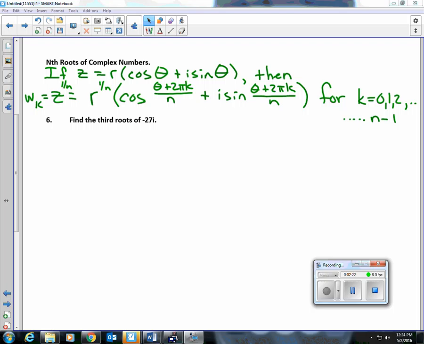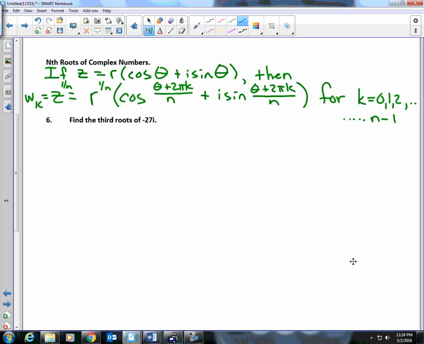And so what we have to do is we will resort to first placing it into trigonometric form. Okay? Trigonometric form. So let's do that first. Trigonometric form is like this. We have to decide what r is, and we have to decide what theta is. And so we have the number 0 minus 27i.